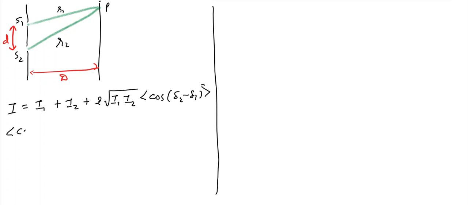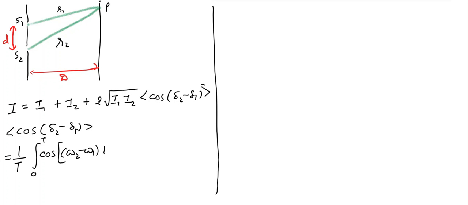The average of cos delta can be found by taking integration over one cycle of cos of (omega 2 minus omega 1) t minus (k2 r2 minus k1 r1) plus (phi 2 minus phi 1) dt.